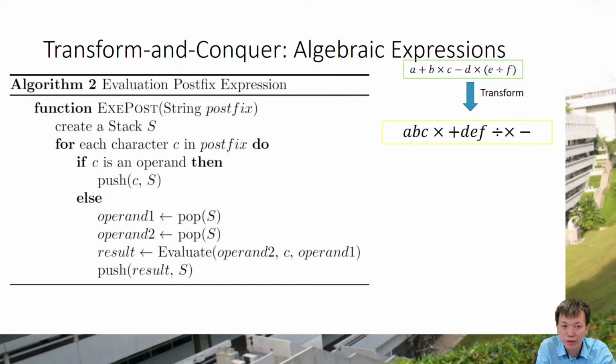The idea is that you find you cannot directly solve this problem, so maybe you can use transform and conquer to solve it. This is one of the examples. People use the transform and conquer technique to transform the input into another form, then they solve the problem.